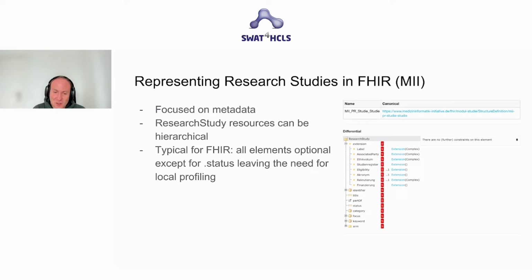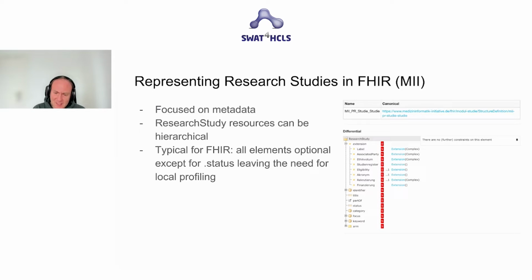And of course, you want to give credit to every person involved in a study. The way that FHIR4 handles principal investigators, for example, is quite limited, so we needed to come up with a better way of addressing that, which we call an associated party. Then, of course, you can have different identifiers.